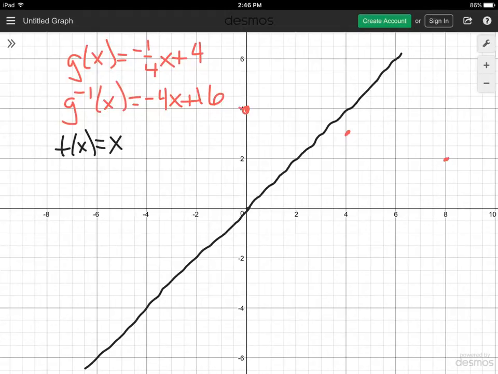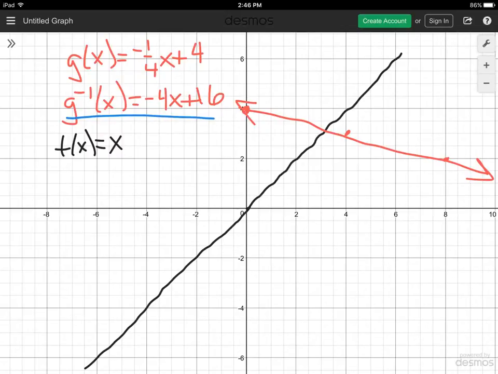And so if we found this correctly, we're going to have a reflection. I should have done that in blue, but let's do this one in blue. We're going to have a reflection over the f of x equals x line again.